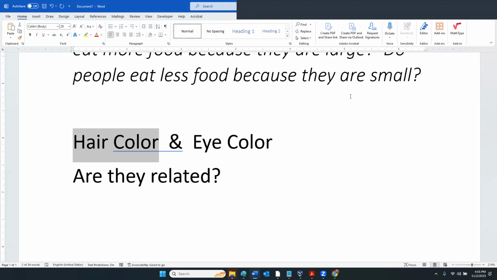Brown, blue, green, and a mix would be called hazel. So a hazel would be a blue-green, right? I'm a hazel.